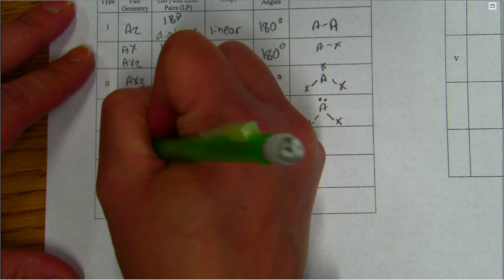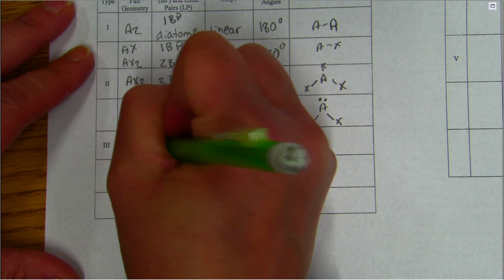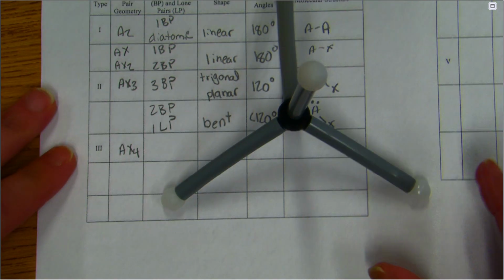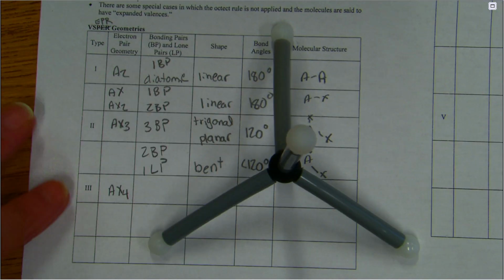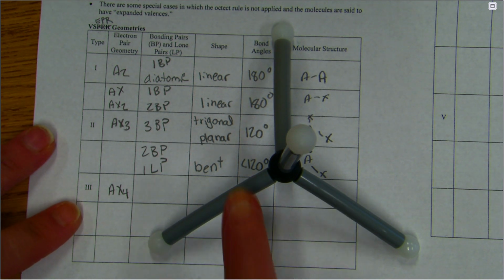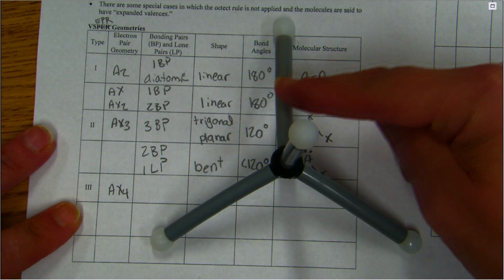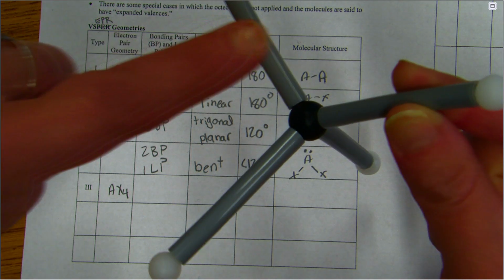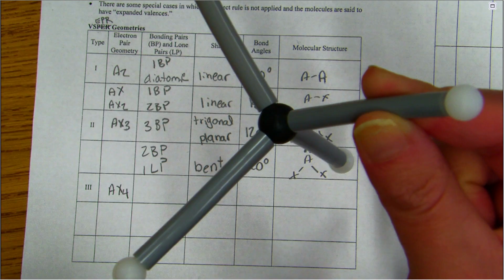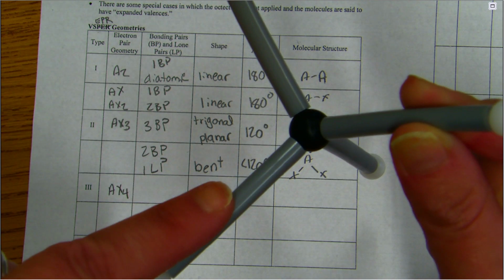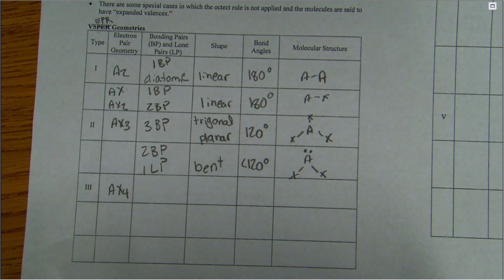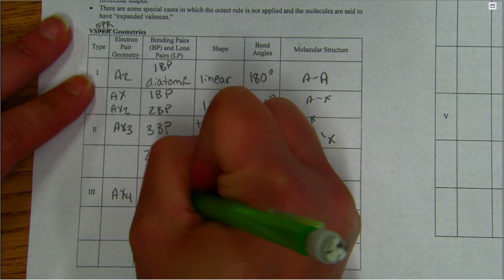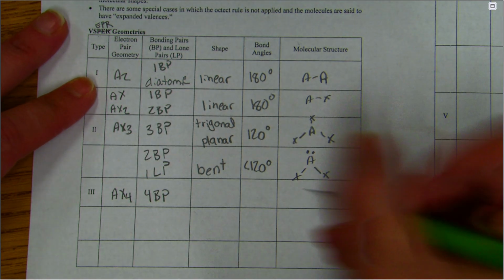Let's say I have 4 things around my central atom, AX4. What if they are 1, 2, 3, 4 bonding pairs, meaning 4 bonds? This is called tetrahedral.